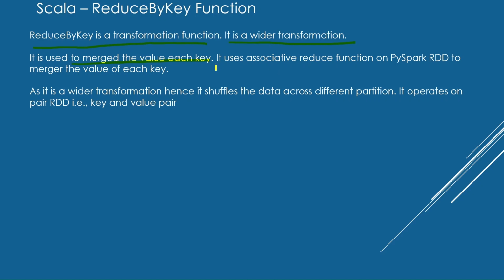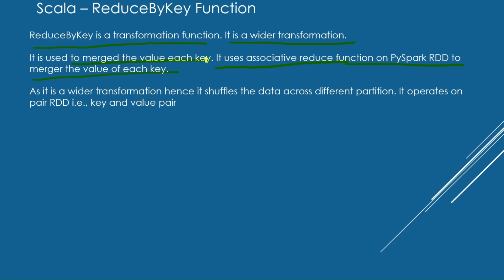It uses an associative reduce function on the PySpark RDD to merge the value for each key. So whenever we are doing any kind of aggregation, suppose the sum aggregation, it uses the associative reduce function to merge the values of each key.